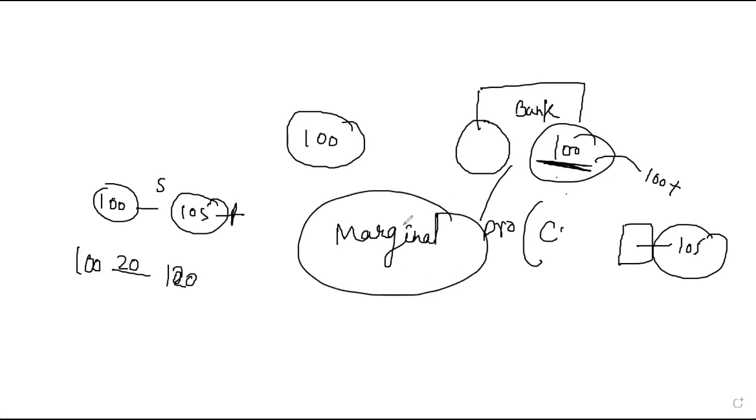Okay, now Seth will explain what he understands by marginal requirement. Seth, unmute yourself. Seth, am I audible?